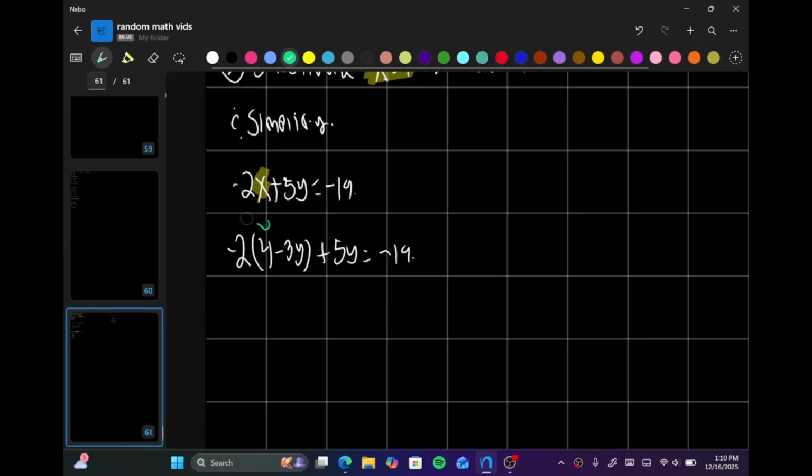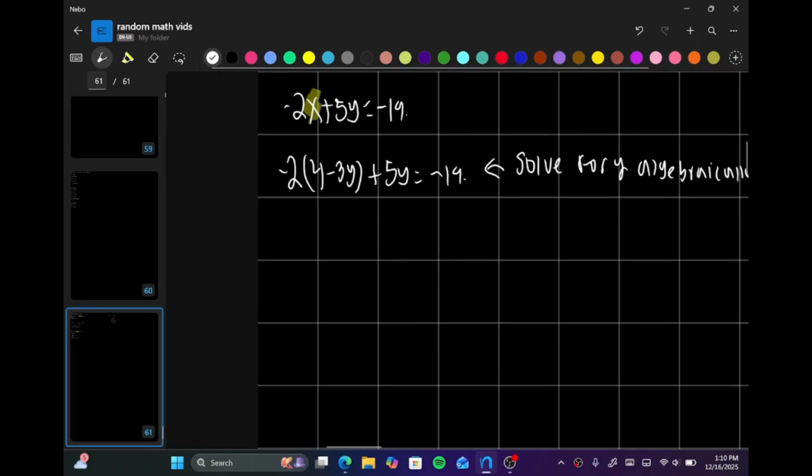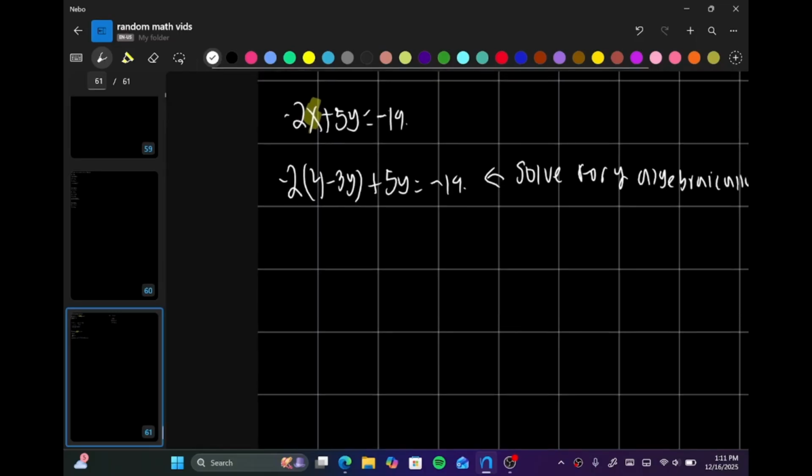Now we're going to just solve for y algebraically. By distributive property, we get negative 8 plus 6y plus 5y equals negative 19. And then we have negative 8 plus 11y equals negative 19.